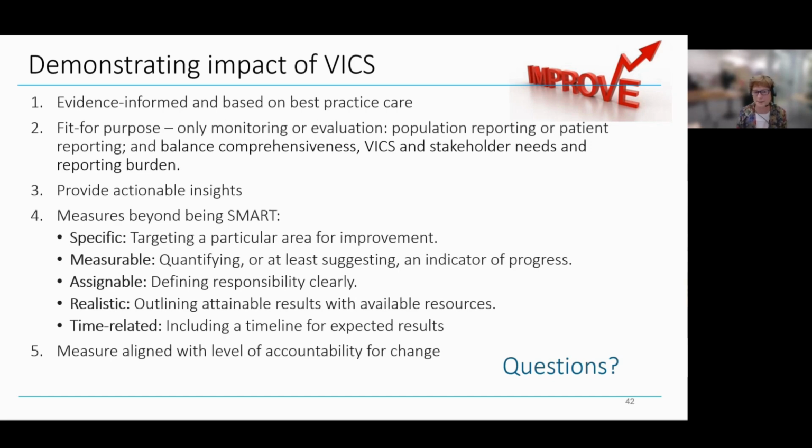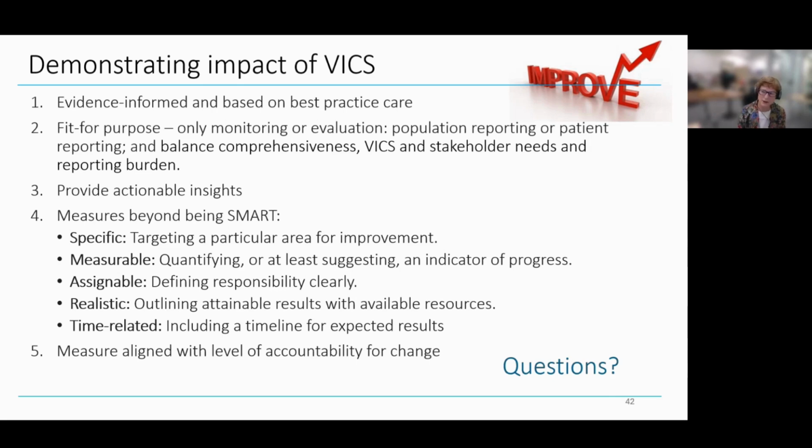So know your purpose. Are you looking for monitoring? Are you looking for evaluation? Are you looking for broad population reporting, even at a treating hospital level, which is a population, and then there's geography and the like? Or are you looking for patient corridors of care, pathways of care, and outcomes on a pathway of care paradigm?